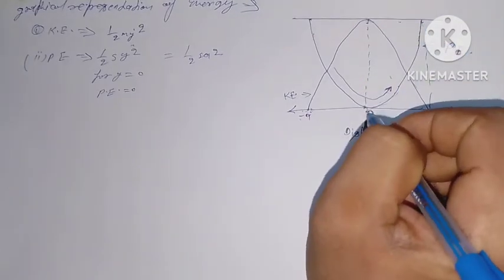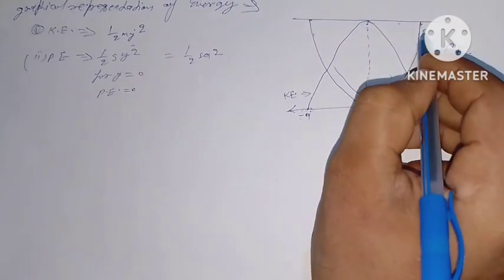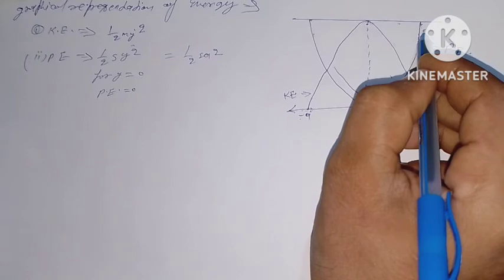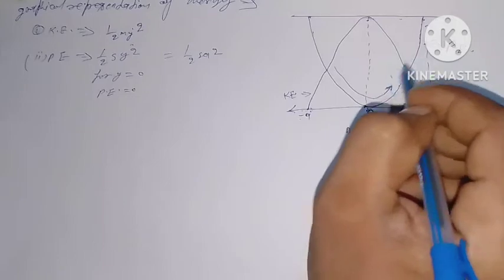Minimum is at the mean position and maximum is at the extreme position y equal to plus minus a, as shown in this curve marked by PE.